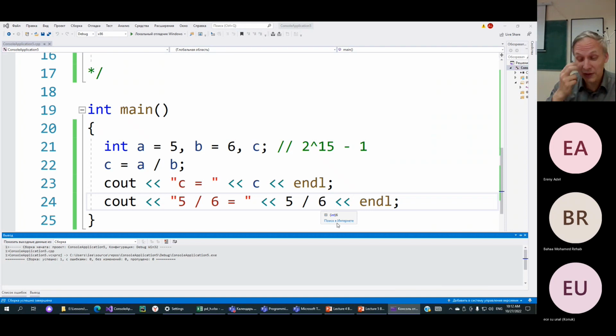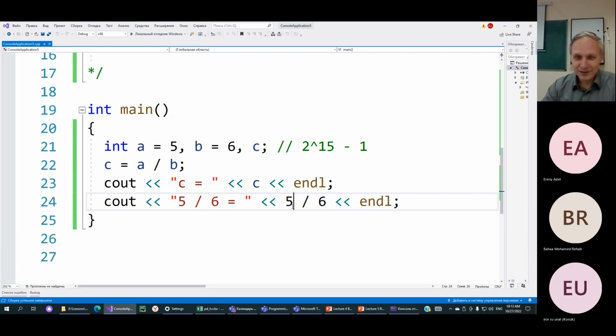Well, I think we discuss real numbers maybe next time, but some comment about real numbers. How to get the real result? If, for example, I don't want to use the data type float, I want to type 5 and 6.